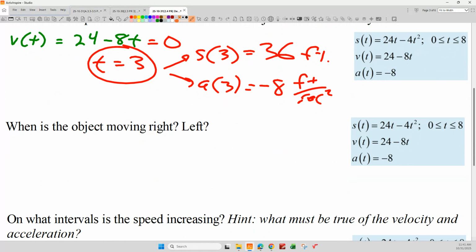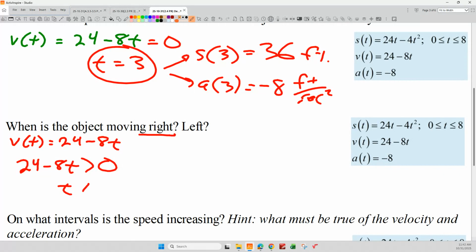So we could just ask ourselves, if we have this velocity function, velocity is 24 minus 8t. So moving to the right would just be when 24 minus 8t is what? Greater than 0, when the velocity is greater than 0. So we just solve. Okay, well, if I subtract 24 and divide by negative 8, what's that going to give me?